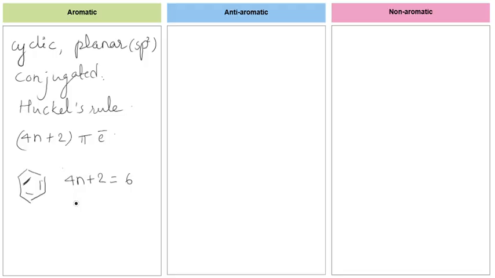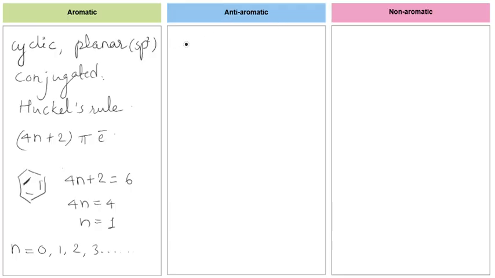Let's solve for n. 4n is equal to 4, therefore n is equal to 1. After solving this, if you are getting n as 0, 1, 2, 3, and so on, that means a non-negative integer, then the molecule is considered to be aromatic. We will solve many more examples, but first let's see what are anti-aromatic and non-aromatic compounds.